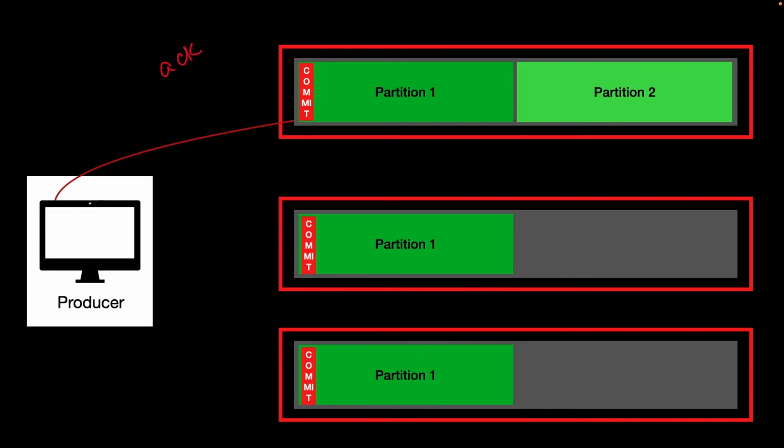For example, if we have marked ACK equal to 1, the information will flow only to one of the replicas. With ACK equal to all, the information will be considered published if it is replicated across all the nodes. And if we have ACK equal to 0, only the controller node will write the information, will not wait for the acknowledgement of any of the replicas, and will consider the information as published.